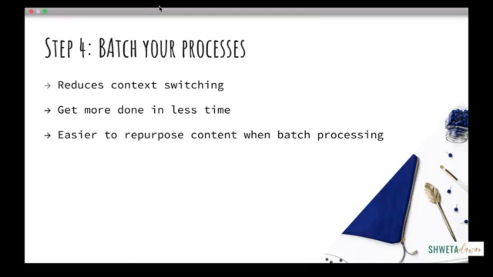So you can do more in less time if you're really batching your content and doing the same task for 4 different blog posts at once, instead of doing one task for one blog post, then doing the second task for the same blog post, and so on.